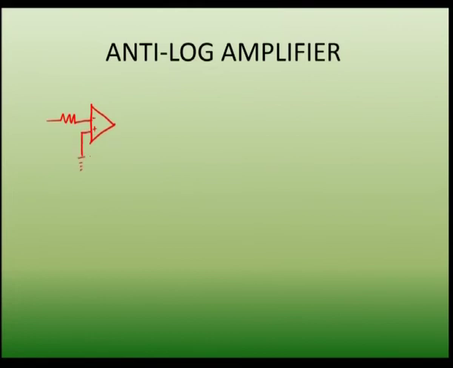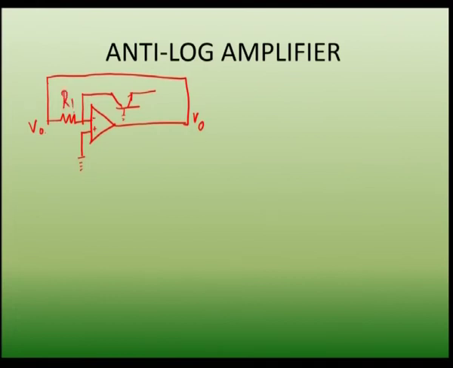Always the positive terminal is grounded, and to the negative terminal we give the input signal, and this is the diode connected transistor. The output is the same as the input here.